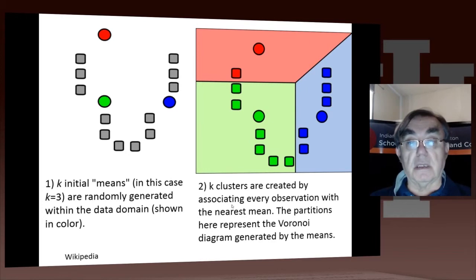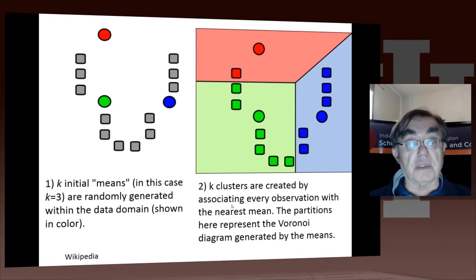So here's a simple example I just took from Wikipedia. We have 11 gray squares. Those are the points, and we want to divide into 3 clusters, and we choose 3 cluster centers, in inverted commas, randomly, and those are the red, the green, and the blue circles.